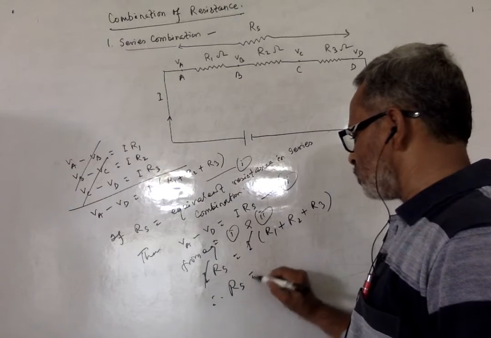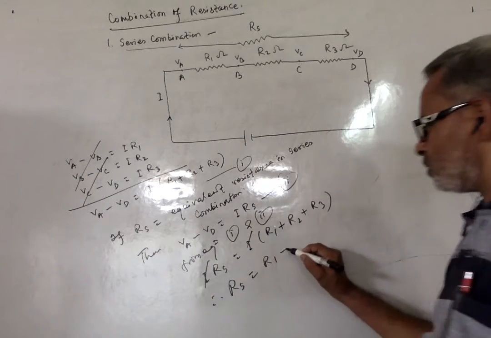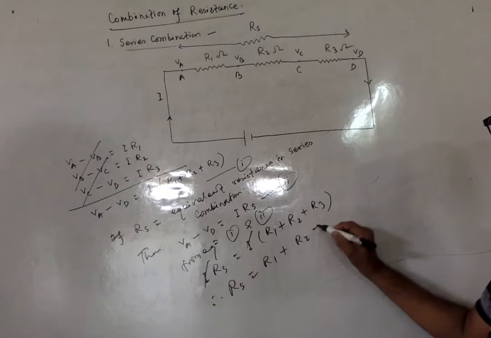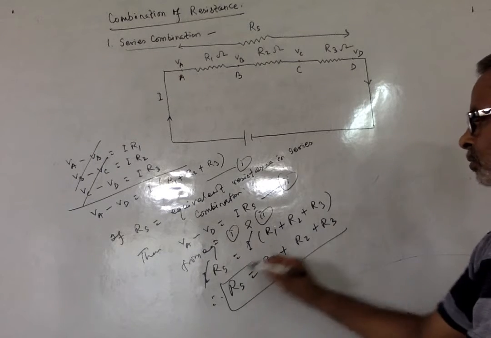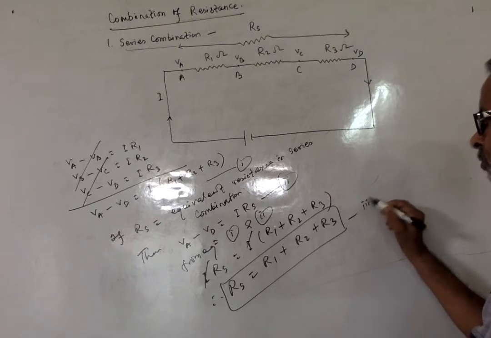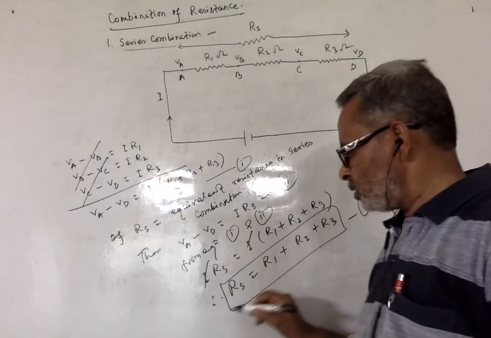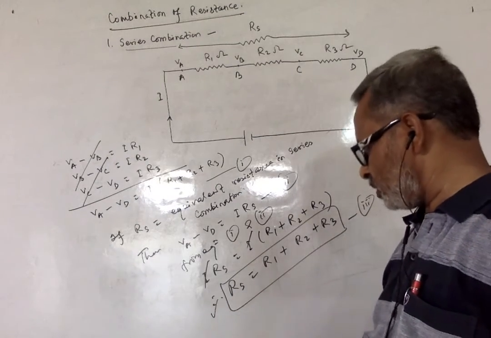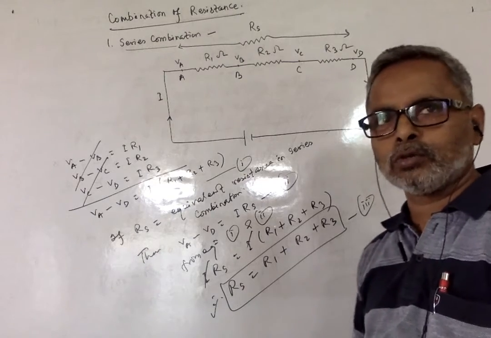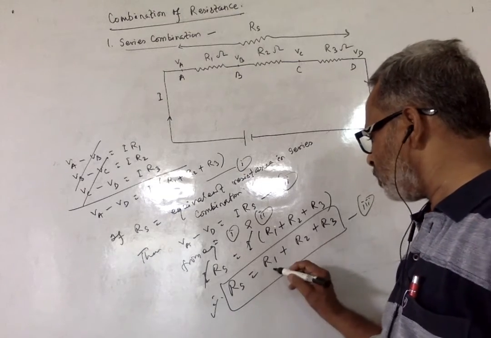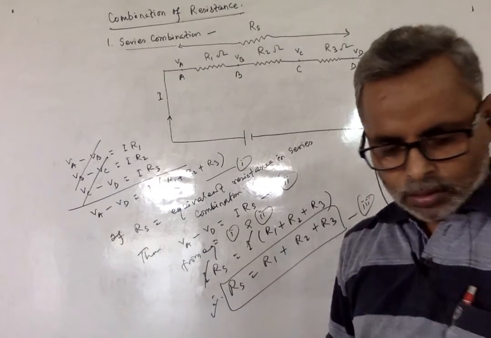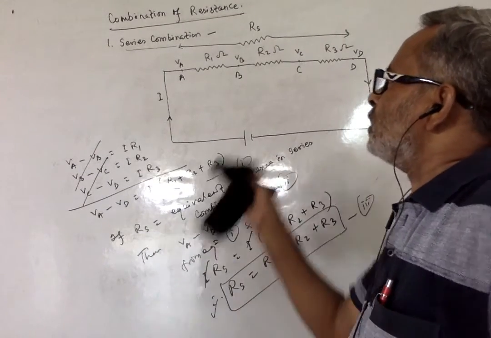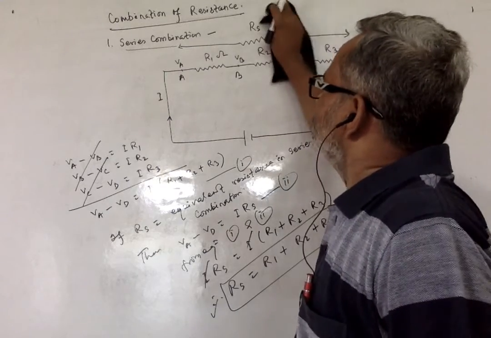Therefore, RS equal to R1 plus R2 plus R3. That is, equivalent resistance in series combination is equal to sum of all the individual resistances.